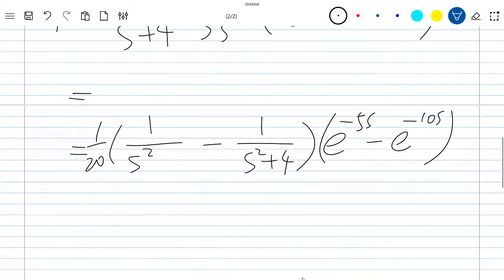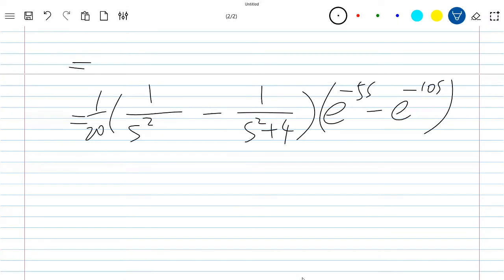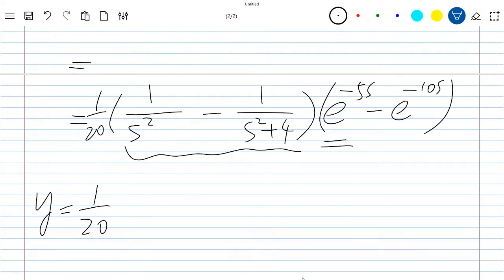Alright, we're done with the capital Y. Let's do the little y. You can recover it step by step. The 20 is kept there. Then you can regard it as this times e to the negative 5s, and then do the negative 10s later. So if you have this e to the negative 5s, it means you will have u5.